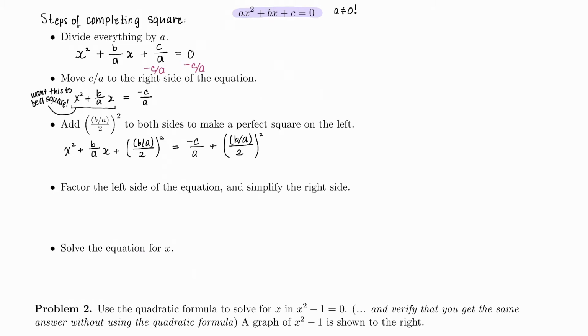If I rewrite b over a over 2 squared, this is b over a squared over 4, so b squared over 4a squared.